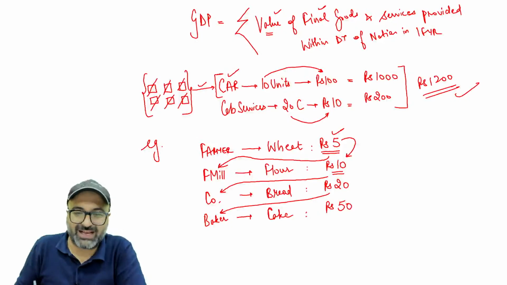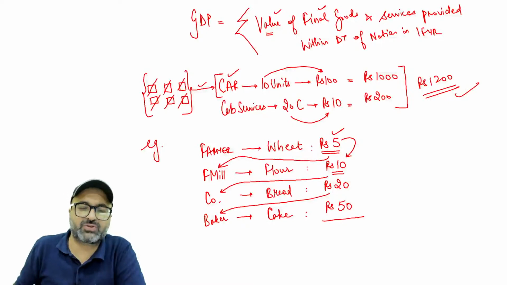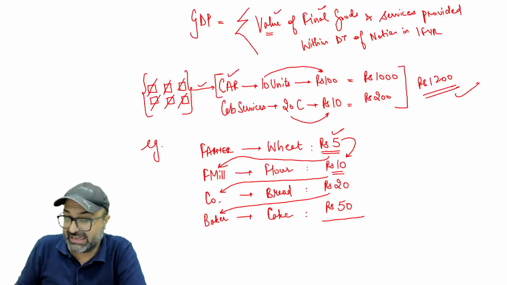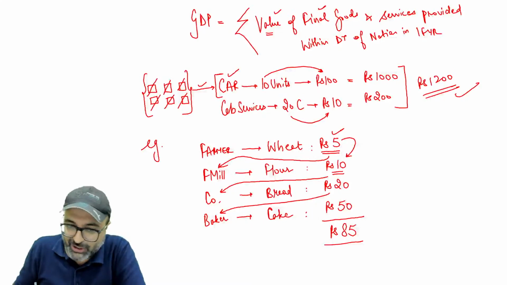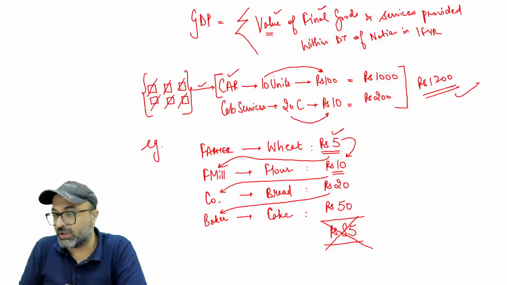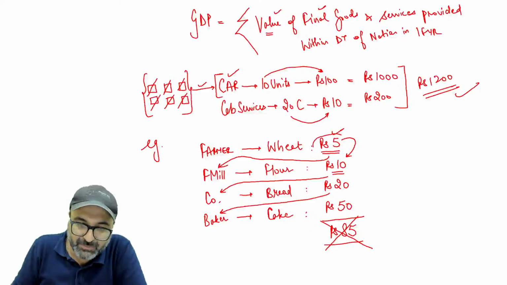So now, as you can see, if I add all of them, what is going to be the total? So the total is going to be 50 plus 20, 70, 70 plus 10, 80, 80 plus 5 is 85. But actually 85 is not your GDP, because in this, all the goods are counted twice. If I'm saying 5 rupees wheat, it is already included in flour.